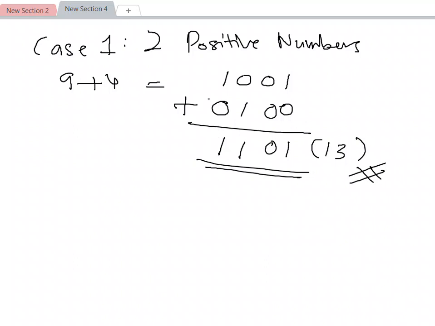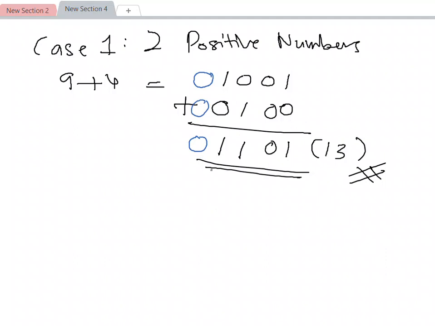So what should we do to handle this? Actually, instead of 4 bits, we need 5 bits. So what happens if I add an additional bit here? Suppose we use 5 bits, what happened?